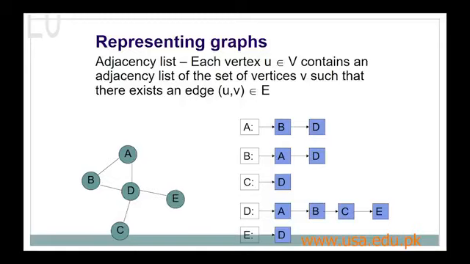So if I need to represent this graph in the form of an adjacency list, first of all I need to identify how many nodes are connected with a single node. So A has two adjacent nodes, and if I am on node B, I can see that I have two adjacent nodes, that is A and D. And if I am on point D, I can see I have four adjacent nodes, that is A, B, E and C. That means I can move from D to anywhere, right?